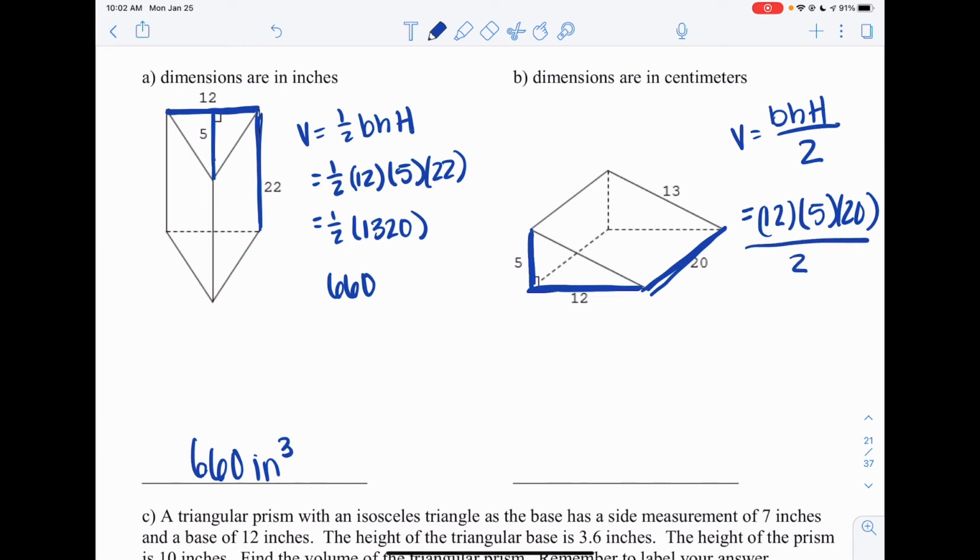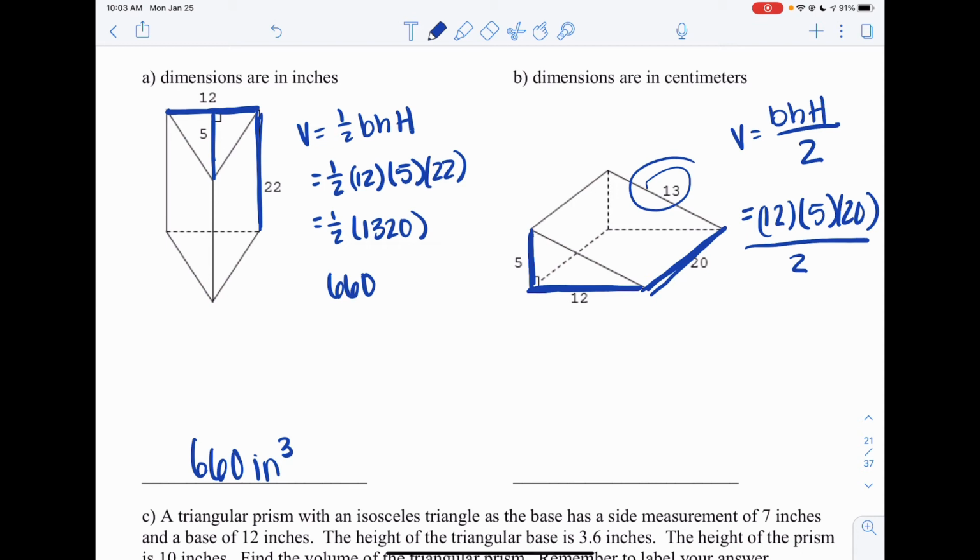Now, as you can see, we still have another measurement. We have that 13. But that 13 represents the side length of our right triangle, which is the hypotenuse. So we want to make sure that we are looking at only the measurements that are in the volume equation. Nowhere in this volume equation does it say anything about a side length or the hypotenuse, so you want to make sure you are not entering 13.